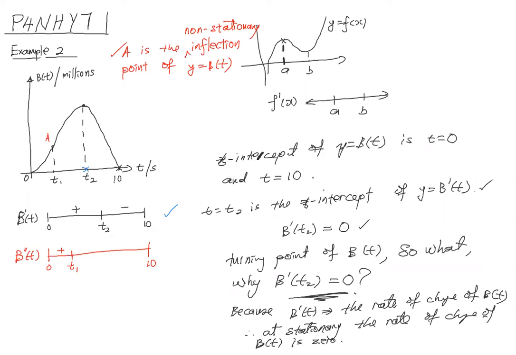For B double prime t, if we look at the B(t) graph, we should look at what? To know the sign of B double prime t, we must look at the shape of the y equals B(t) graph.